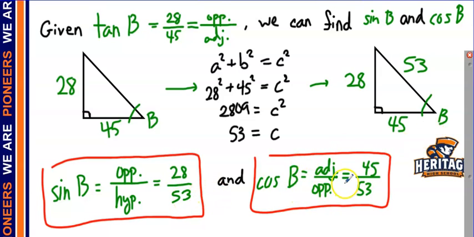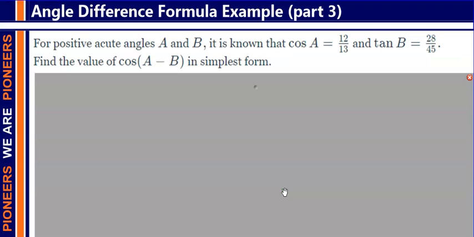And cosine B is equal to adjacent over opposite. Oops, wrote the wrong one. I should fix that right now. So it's adjacent over the hypotenuse, not the opposite. That is a different trig function, which we don't really care about right now. But the numbers are the same, 45 over 53. Therefore, we have all our pieces.